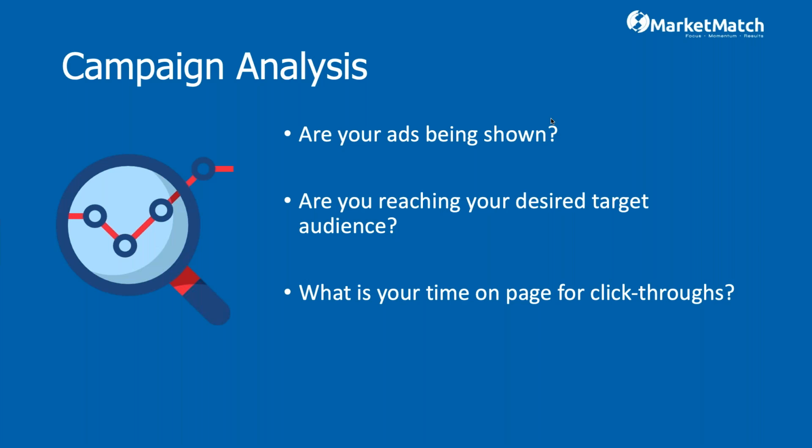If we're not reaching our desired target audience, it's time to go in and retool those demographic targeting techniques. Again, this is becoming a little bit more difficult with offers of credit because we are not able to specifically target by age, gender, income, and granular geography.